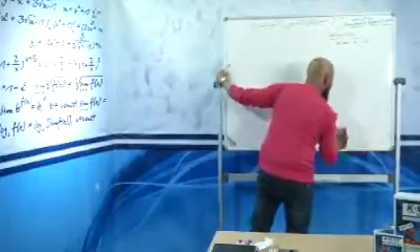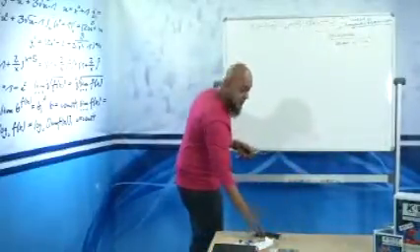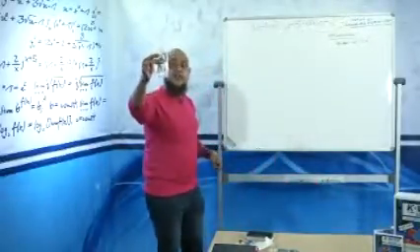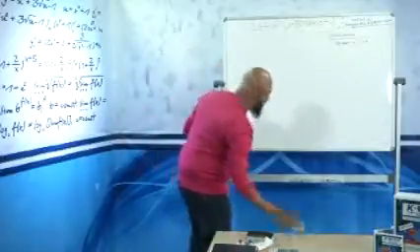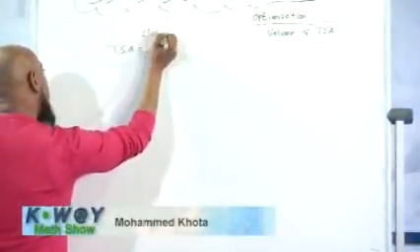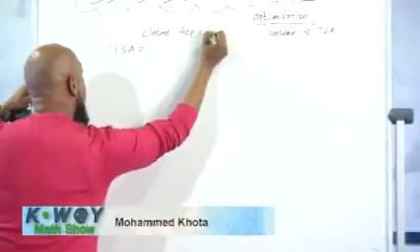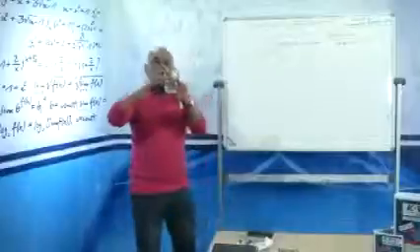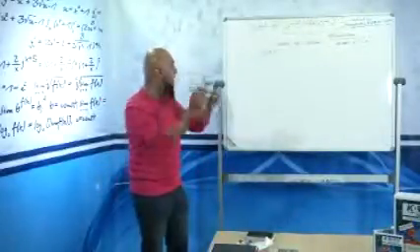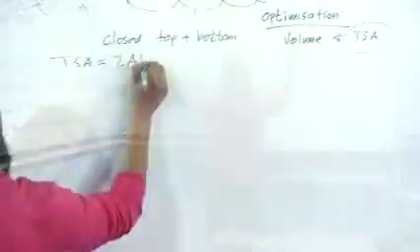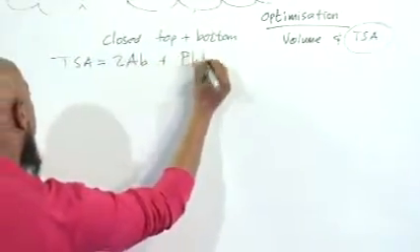So total surface area for closed top and bottom, meaning that the top and bottom is closed. Let's look at this glass. Let's look at this tumbler. We have here total surface area is equal to, for a closed top and bottom, meaning that if this cylinder was closed on the top and closed at the bottom, we would use the formula total surface area is equal to 2 times area of base plus perimeter of the base times your height.